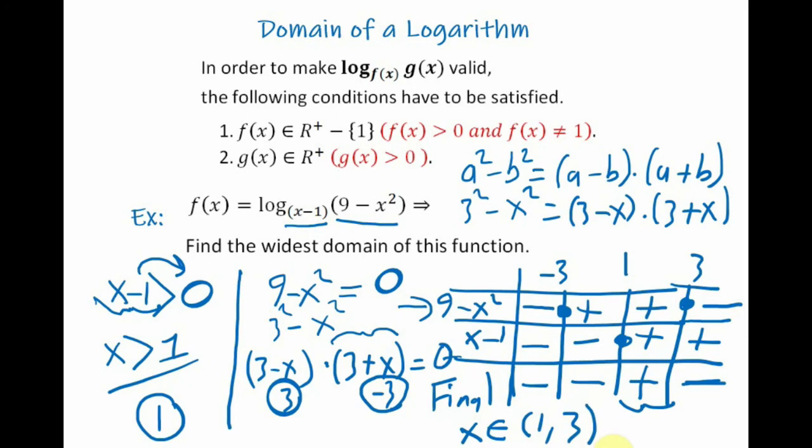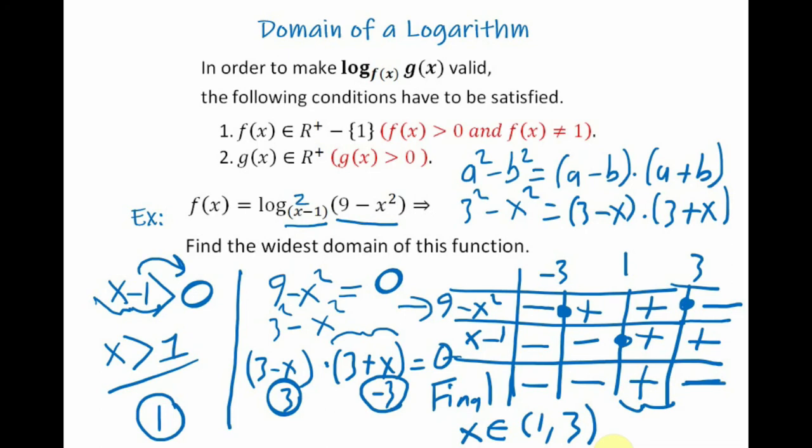After you write this, what we consider, as I said before, is that you need to make sure that if there is any number which makes the base 1, we have to exclude that number. If we look here, we have x minus 1, and if you put 2 instead of x, then we're going to have 1 as a base.